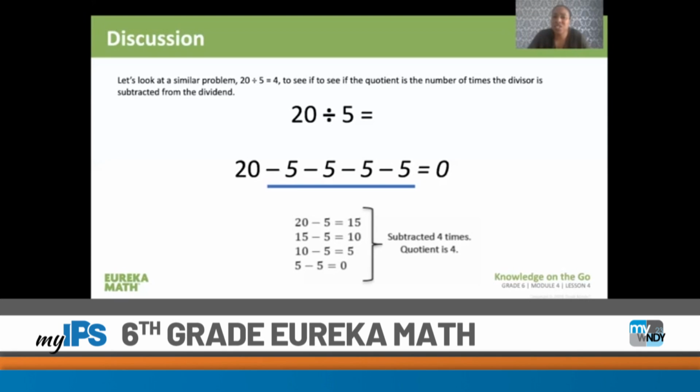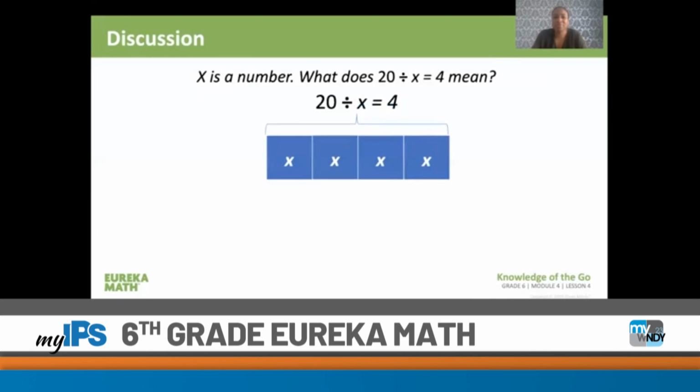Is that relationship always true? Well, let's try to prove this. So x represents a number. What does 12 divided by x equals 4 mean? Well, let's start by creating a subtraction expression when each x is subtracted.